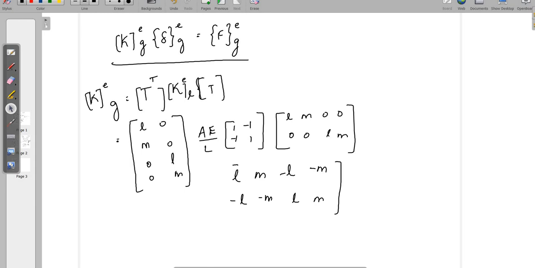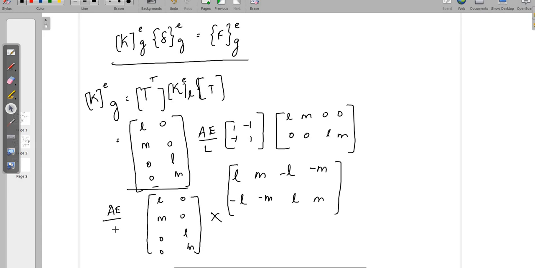So next we have to multiply this with T transpose in the next step. So I'm going to write here LM 0 0 0 0 LM multiplied by this matrix.